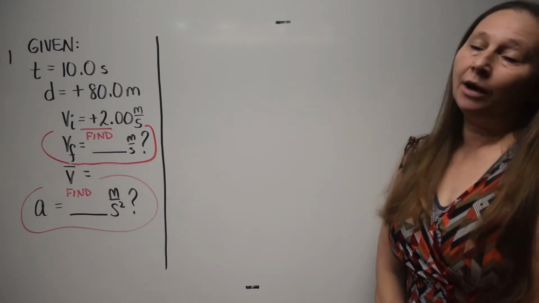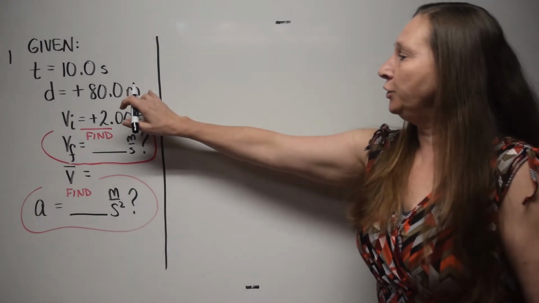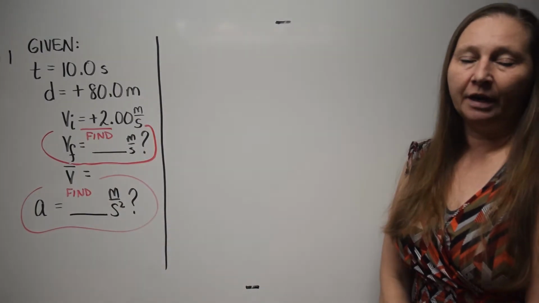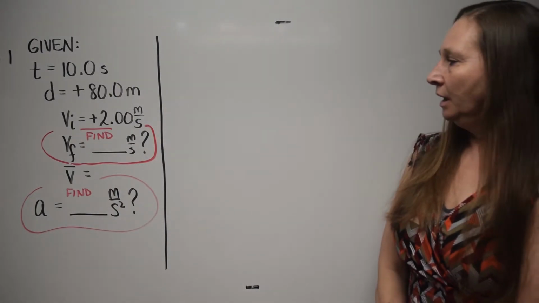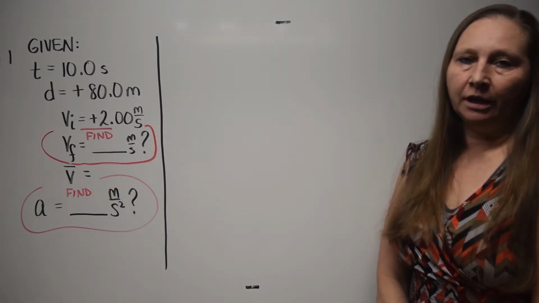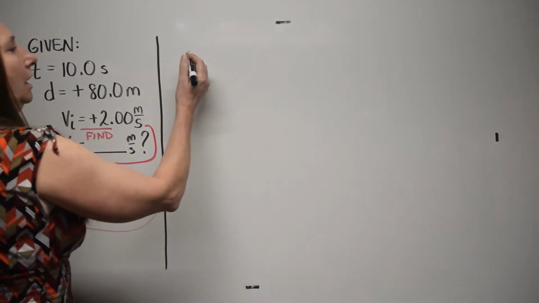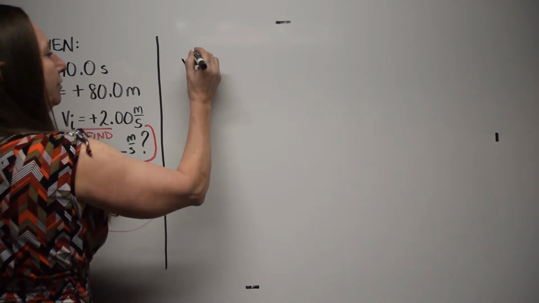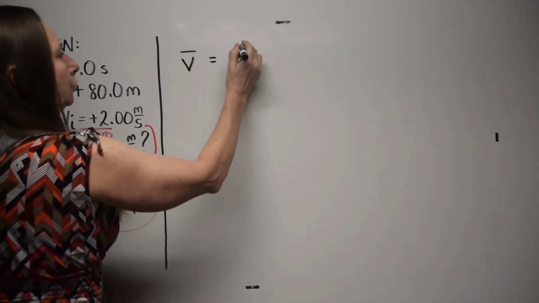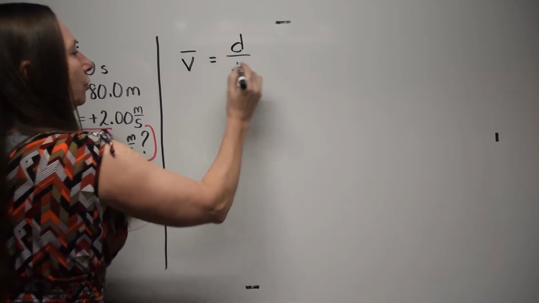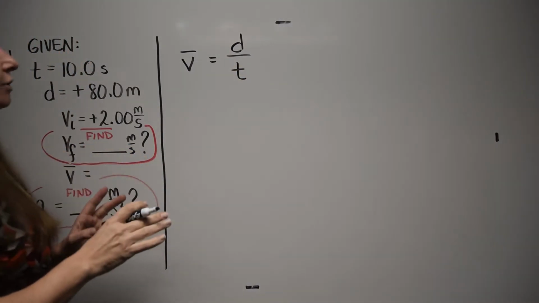Now, right away, I would say to you, when you see a total distance and a total time, a distance and a time like that, right away, I would calculate your average velocity. So here we go. Average velocity equals total distance over total time. I would always do that right away.